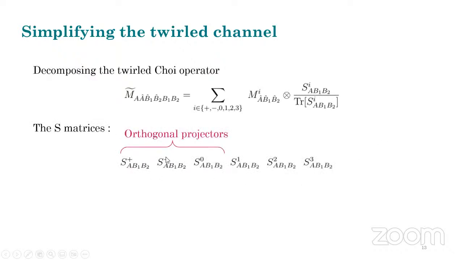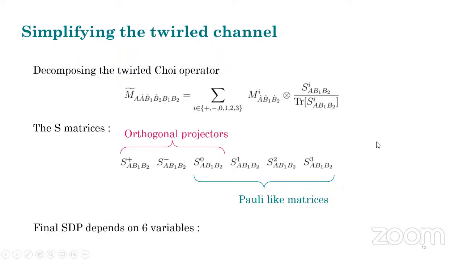S plus, S minus, and S0 are orthogonal projectors, and S0 to S3 are Pauli-like matrices, where S0 acts as the identity, and it preserves the commutation and anti-commutation relations. And so the final SDP depends on 6 variables, which are M plus, M minus, M0 to M3.